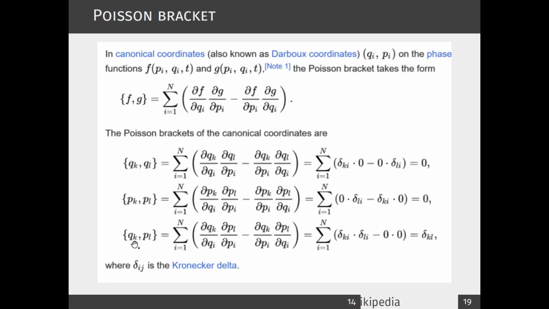And this is a very prominent observation, because suddenly it turns out that this Poisson bracket has the same features as the commutator known in quantum mechanics between x and p_x, y and p_y, z and p_z. So this is actually very much formalized in that way.